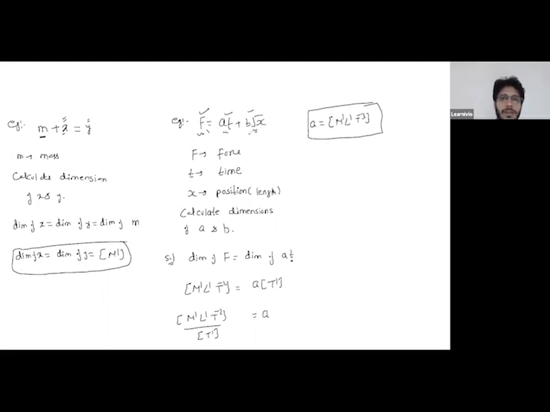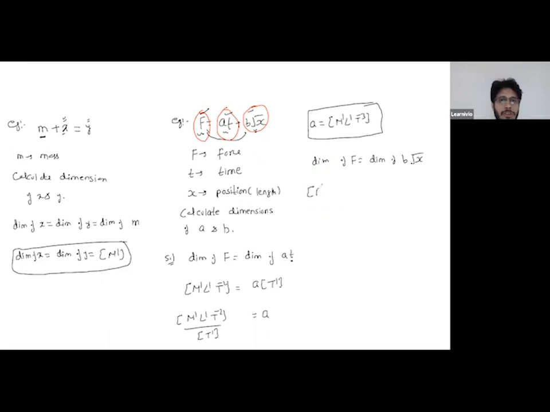Similarly, we can calculate dimensions of B. So can we equate dimension of F with B root x? Each of the individual quantities, F, At and B root x, should have the same dimensions. We'll compare dimensions of F with that of B root x. Dimension of F is dimension of B under root x.